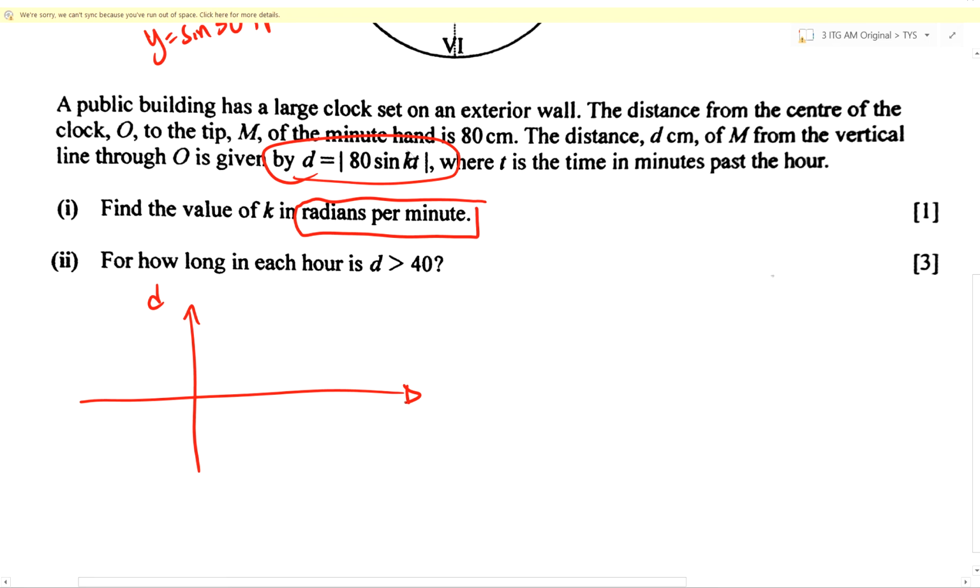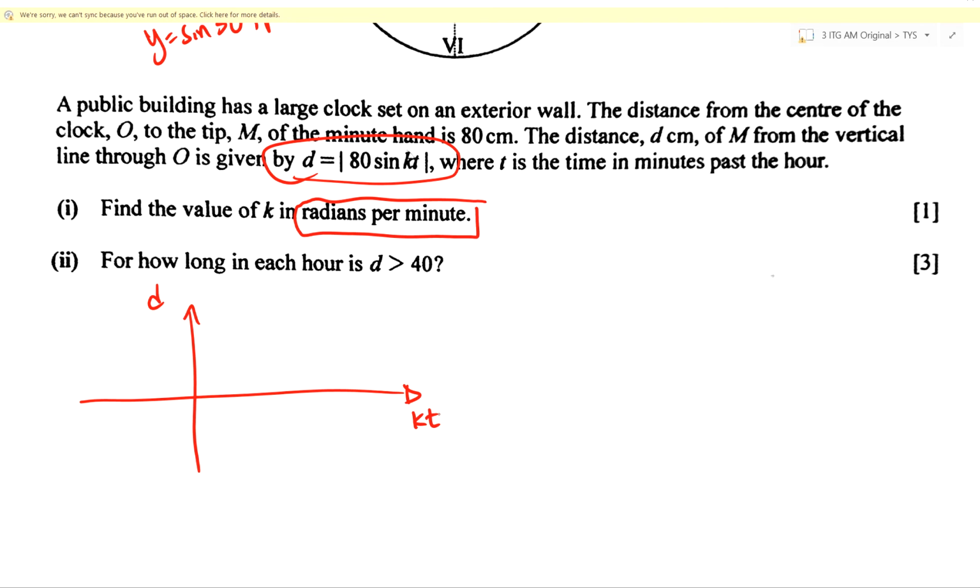You have a few options for the horizontal axis. I will use kt as the horizontal axis. Okay, keep in mind that k is a constant which we already found. T is time. So if my horizontal axis is kt, you can look at it as d equals modulus 80 sine kt.